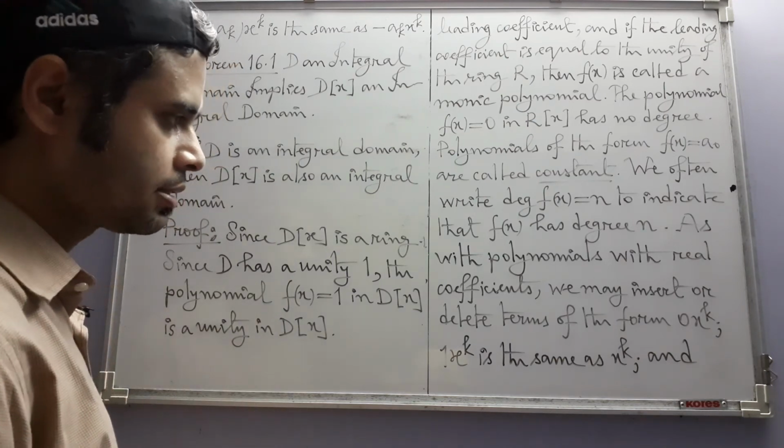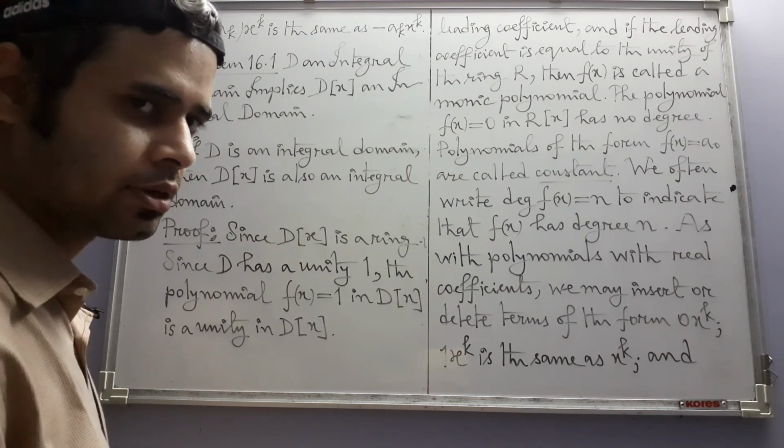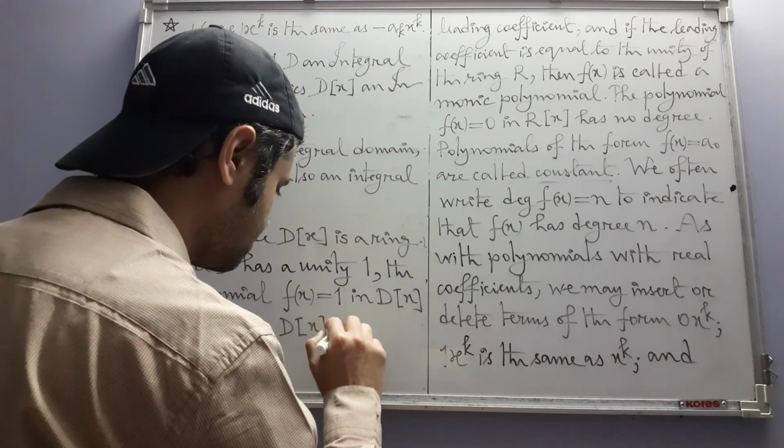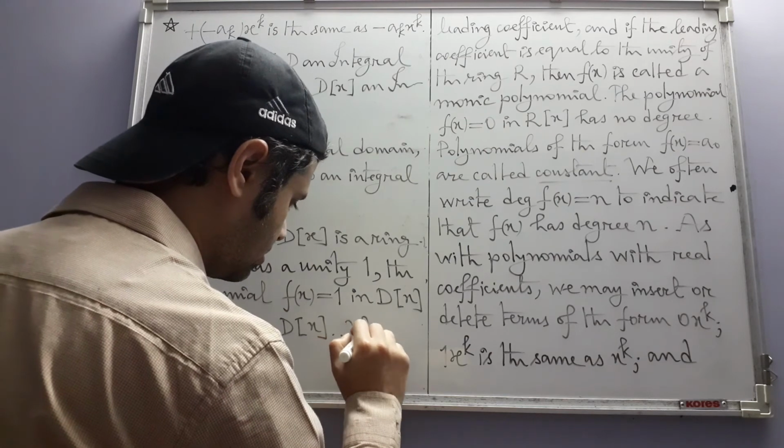Now elements in D[x] are going to be polynomials over D. So let us choose two such polynomials.